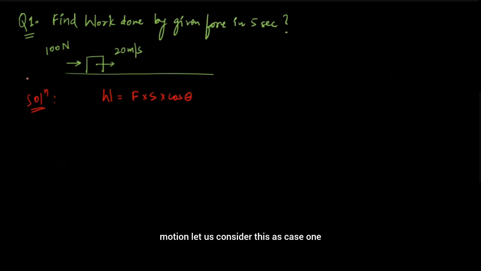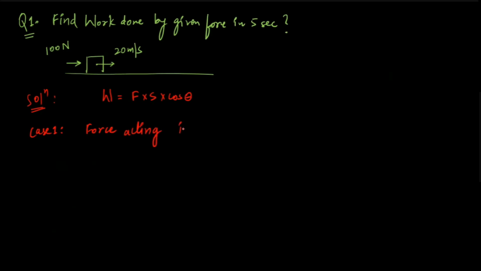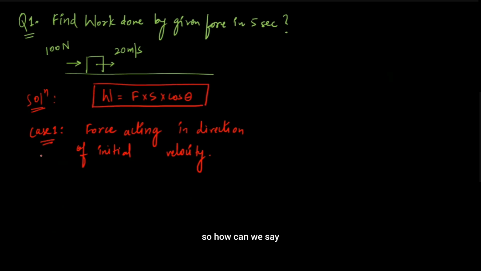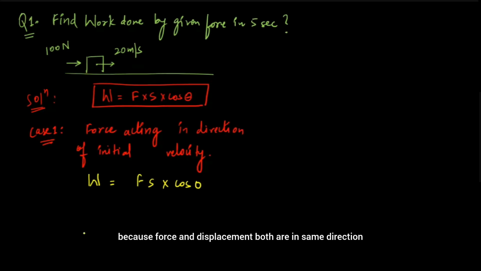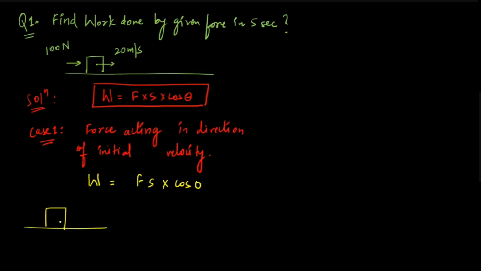Let us consider this as case 1: force acting in the direction of the initial motion, in the direction of initial velocity. So how can we find out work here? The work is going to be force times displacement times cos of 0, because force and displacement both are in the same direction. So work is simply calculated by force times displacement.